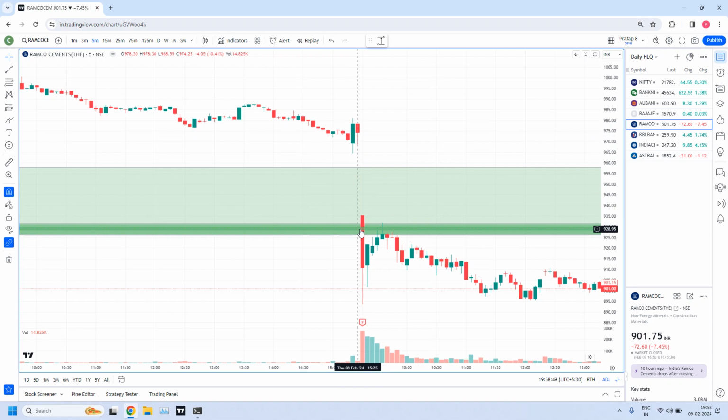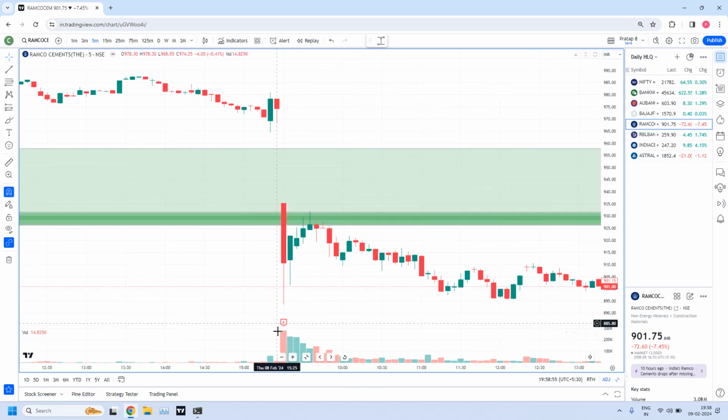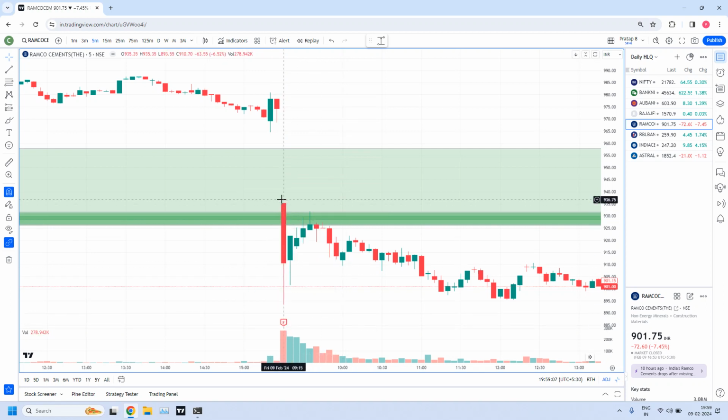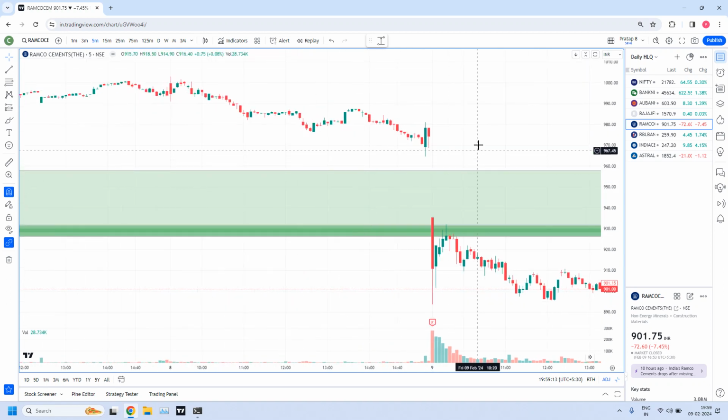On those events, do not place any orders. How do we know there is a result on this day? Because TradingView will display this E, earnings. E indicates earnings. So that's why it's better not to take any trade on that particular zone.